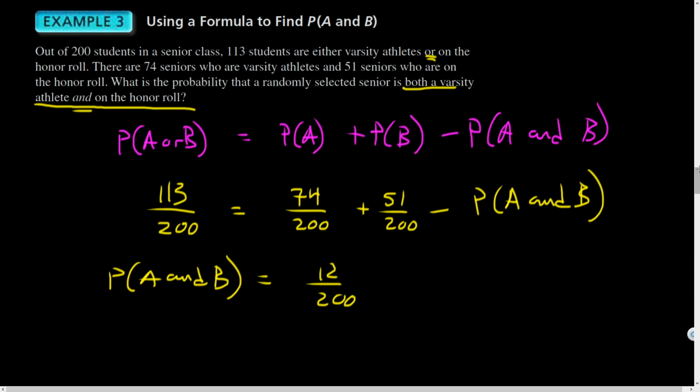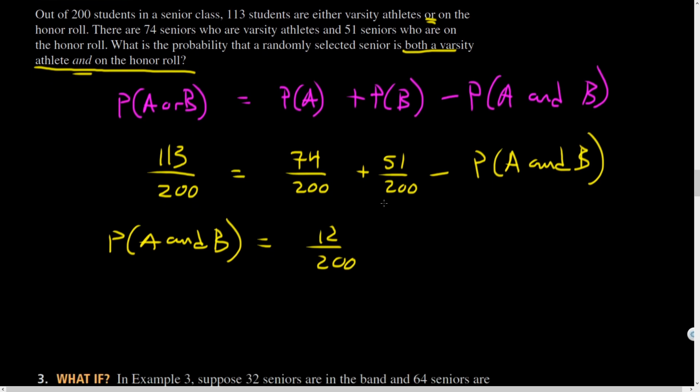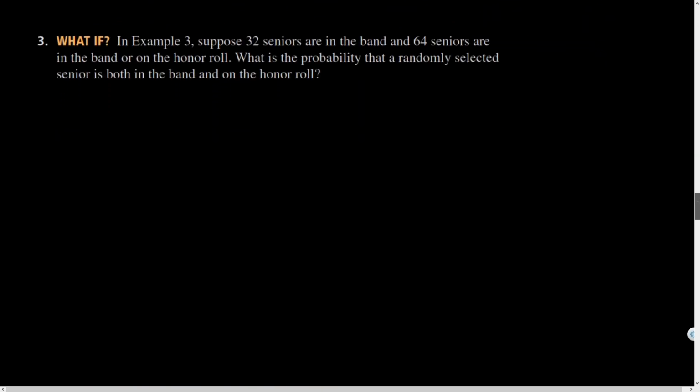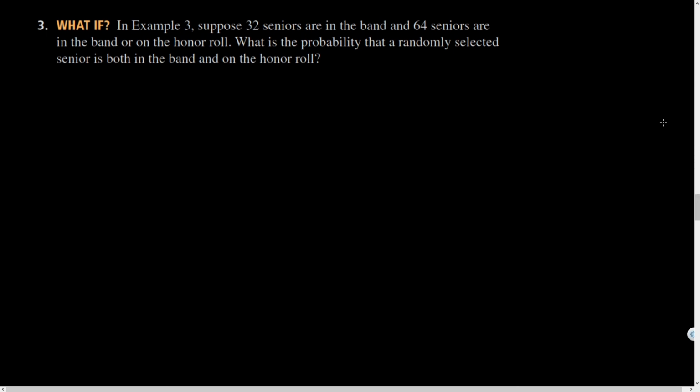So there were 12 that were in both categories, which, by the way, is approximately equal to 6%. So 6% of the 200 students were in both categories. And so you can use this kind of or probability equation to then find other pieces of the puzzle if you fill in what you know and solve for what you don't.